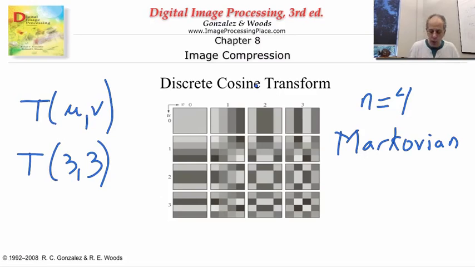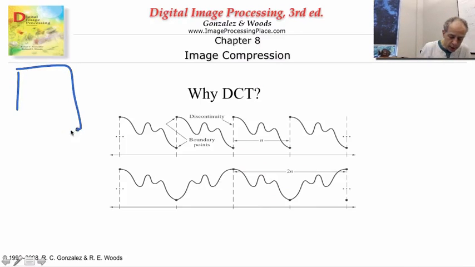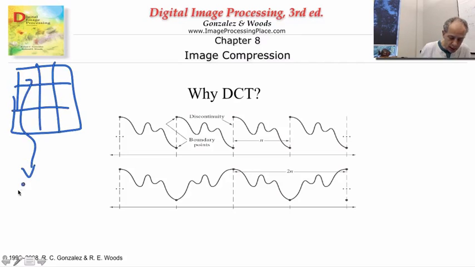The other reason that we use the DCT is because of the following. Remember that I'm working not with the whole image. I'm basically having n by n blocks. Okay? So one may wonder why not use, for example, a Fourier transform. If we go back into the theory of Fourier transform, when you do a discrete Fourier transform, you're making an underlying assumption of periodicity.